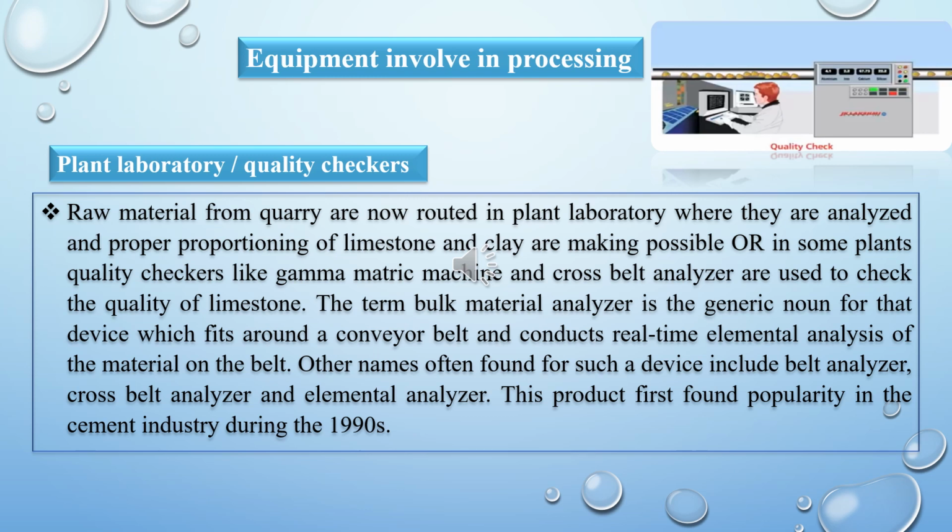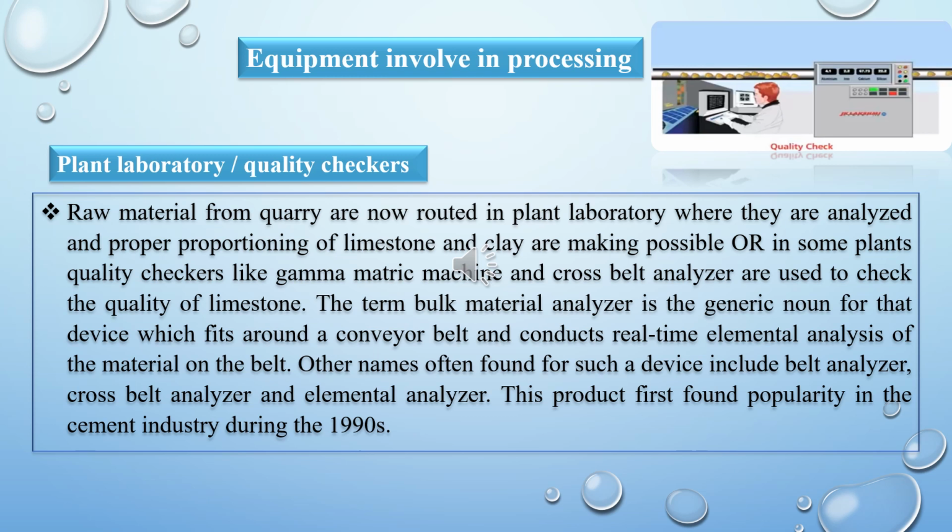The term bulk material analyzer is the generic noun for a device which fits around a conveyor belt and conducts real-time elemental analysis of the material on the belt. Other names often found for such a device include belt analyzer, cross belt analyzer, or elemental analyzer. This product first found popularity in the cement industry in 1990.